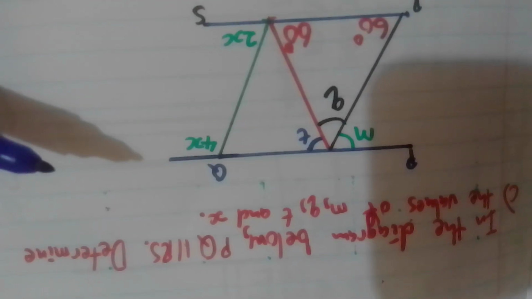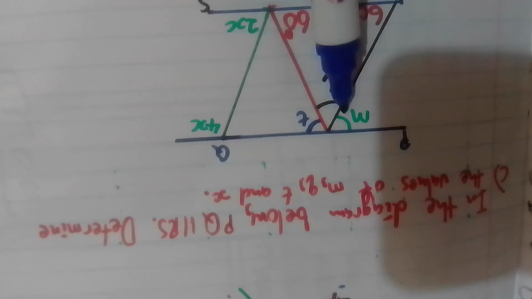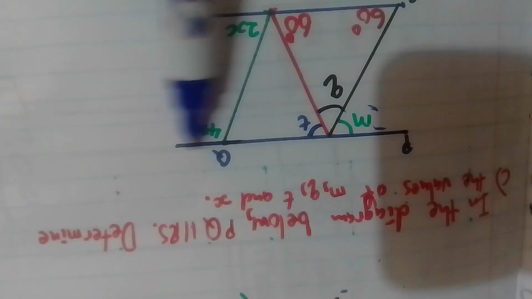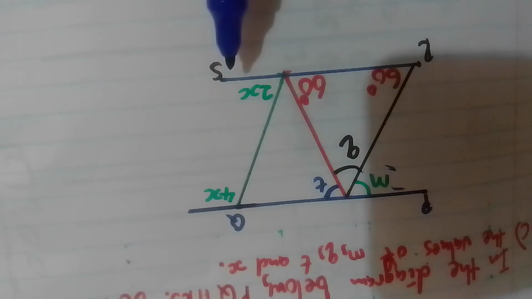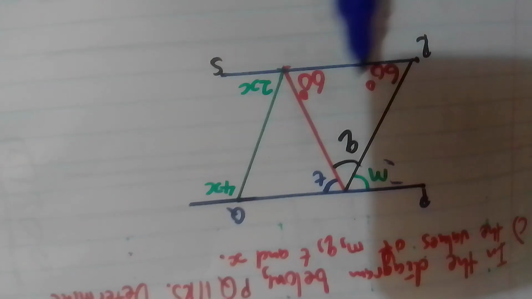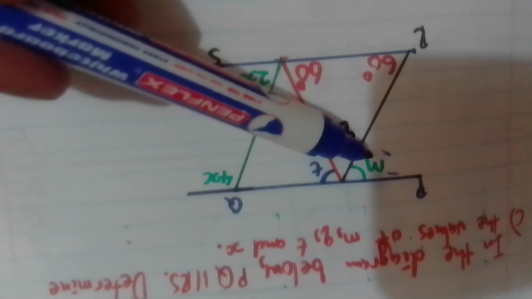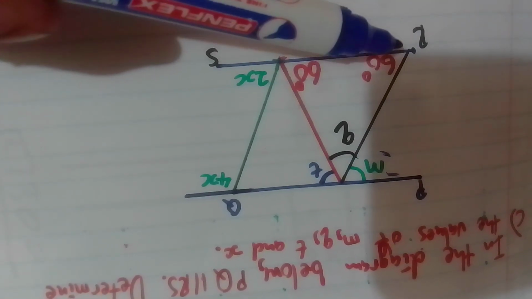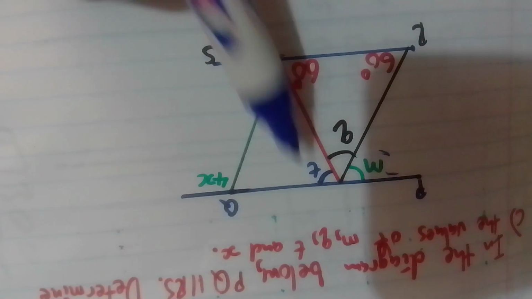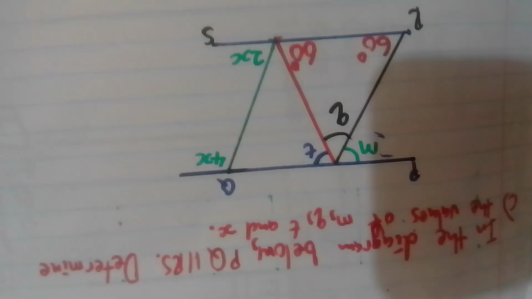All right. So let's start with letter M here. We've been told that PQ is parallel to RS. So we can comfortably say that angle M is equal to angle R, 60 degrees here, because we've got parallel lines, right?